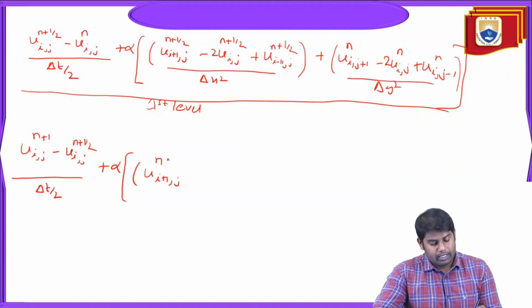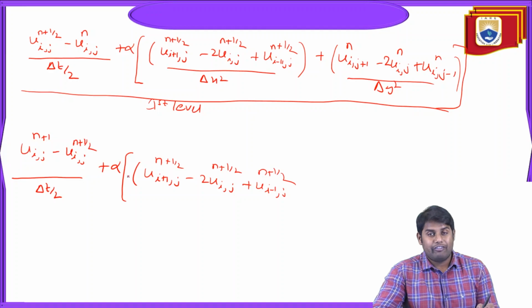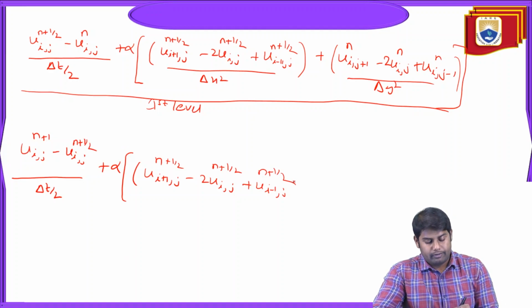So this will be the same again, n plus half. Why? Because this n plus half will be known from here. So that will be the input here.